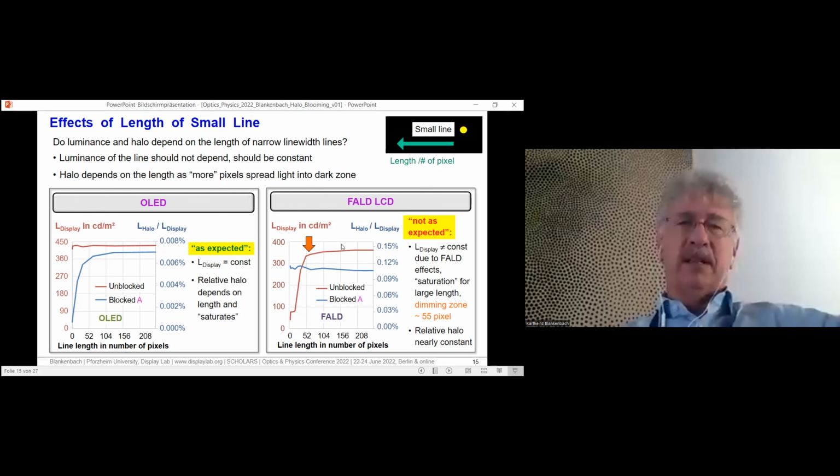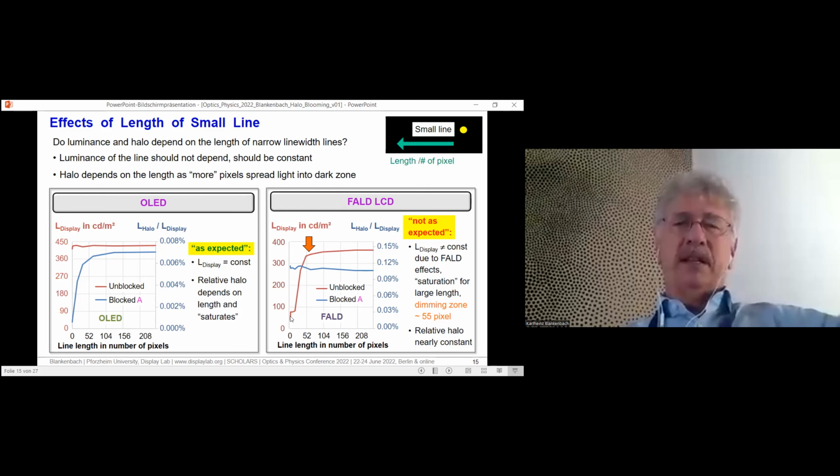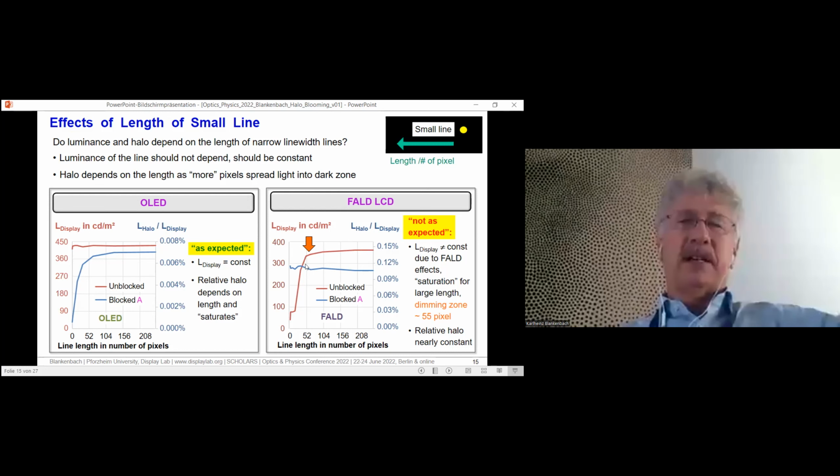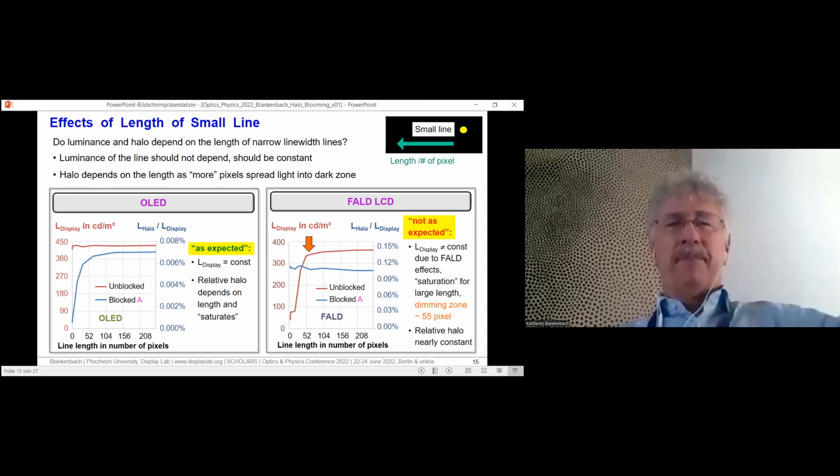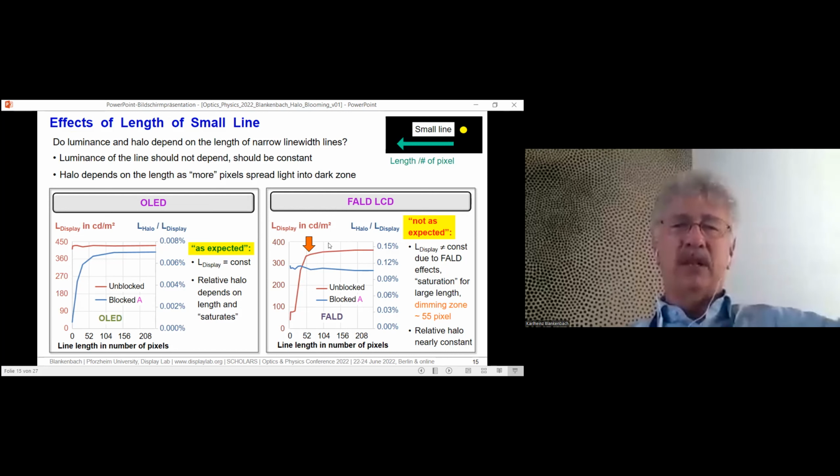Opposite to that, for the FALD LCD, the luminance of these tiny lines increases until the line length is in the range of 50 pixels. And 50 pixels is around the width of a so-called local dimming zone. This means if the object is smaller than the local dimming zone, the luminance is reduced.